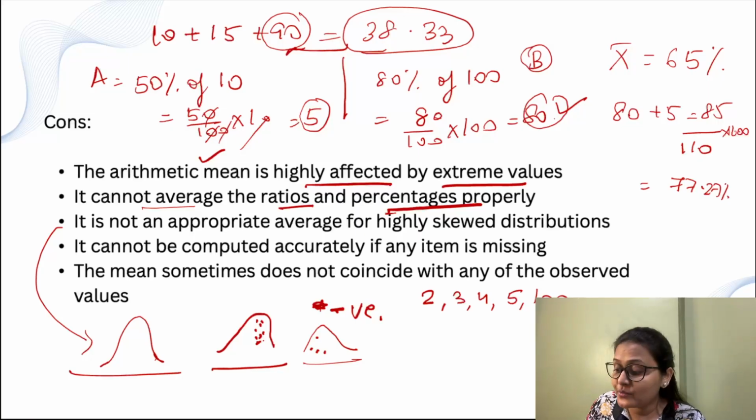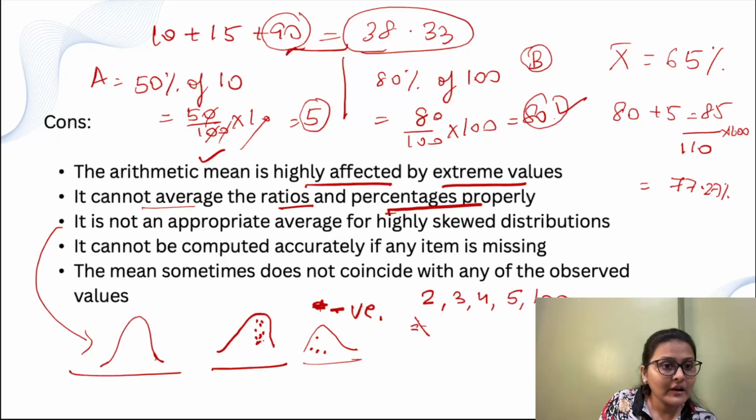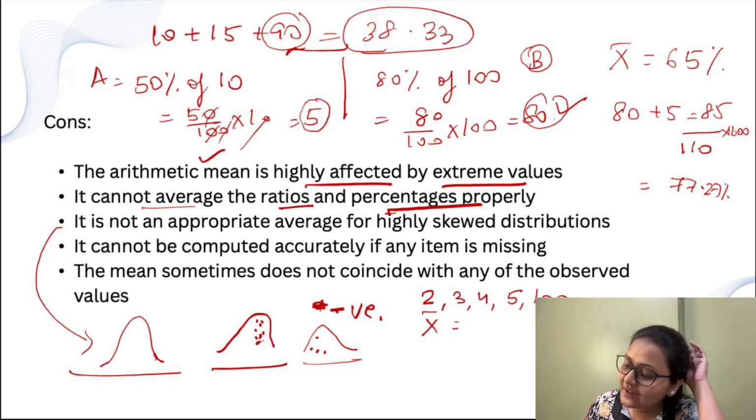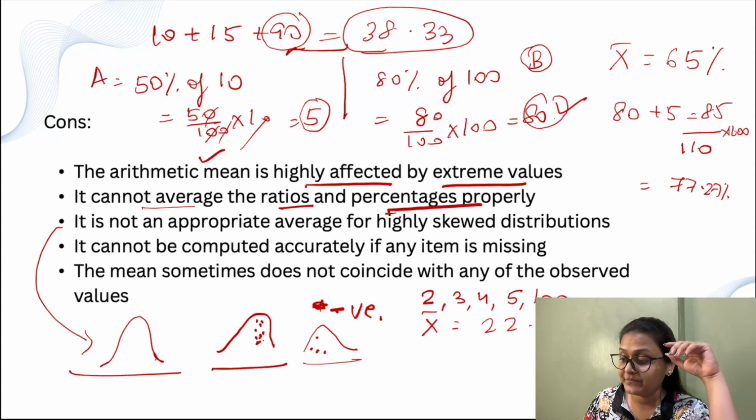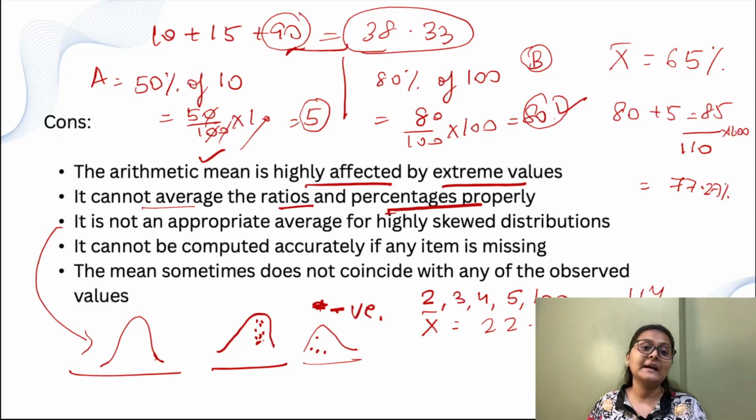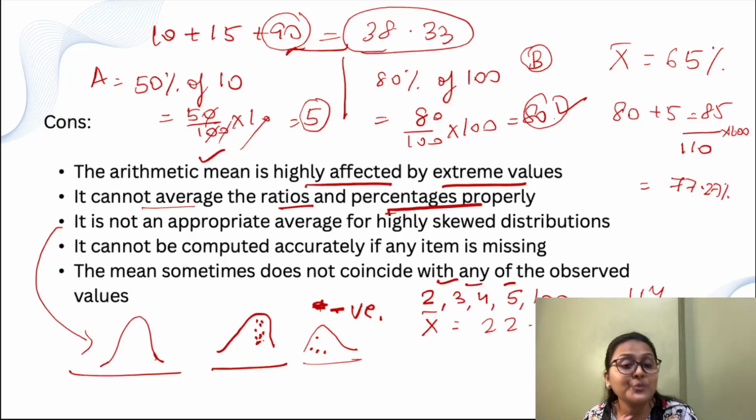Once we calculate the mean, after calculation we are going to get the answer as 22.8. That is 114 divided by the number of items. So the mean over here is 22.8, but it is not representing the data, right?